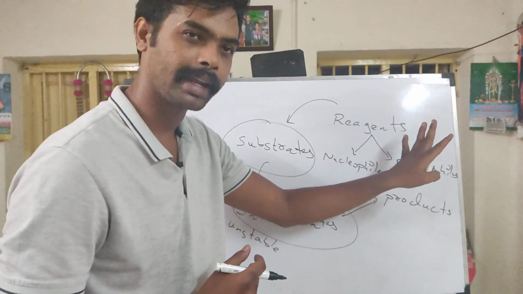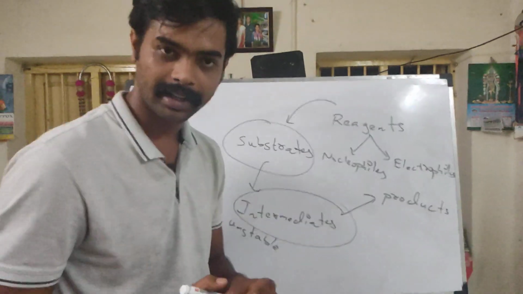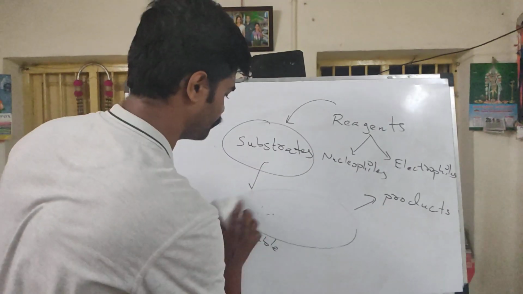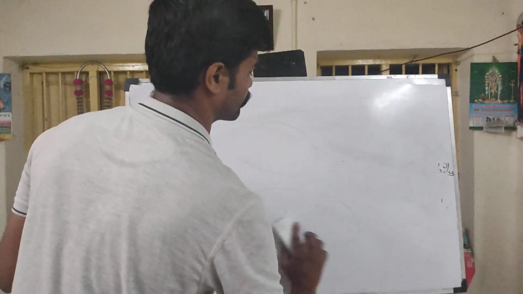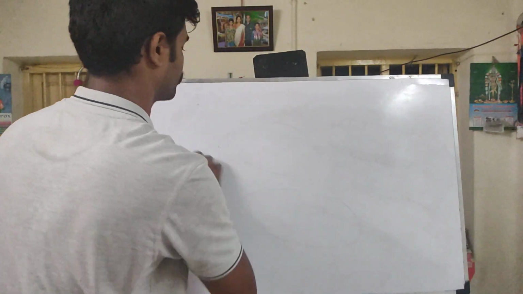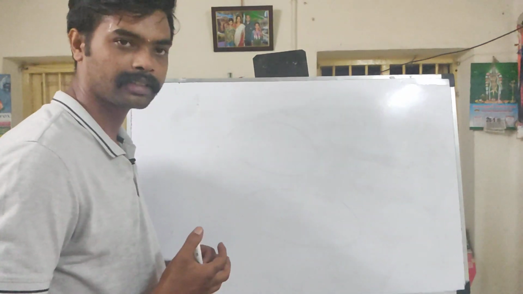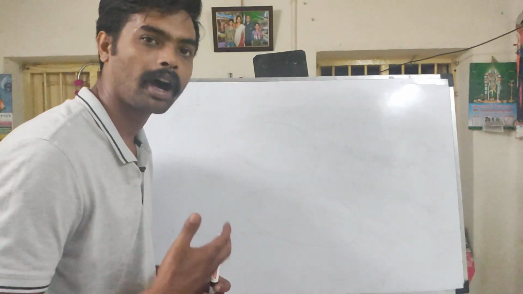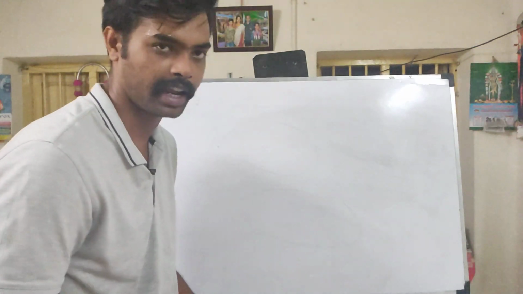I want to lay my interest upon what these intermediates are. For me to understand what exactly intermediates are, I have to understand how a bond is broken in organic chemistry.